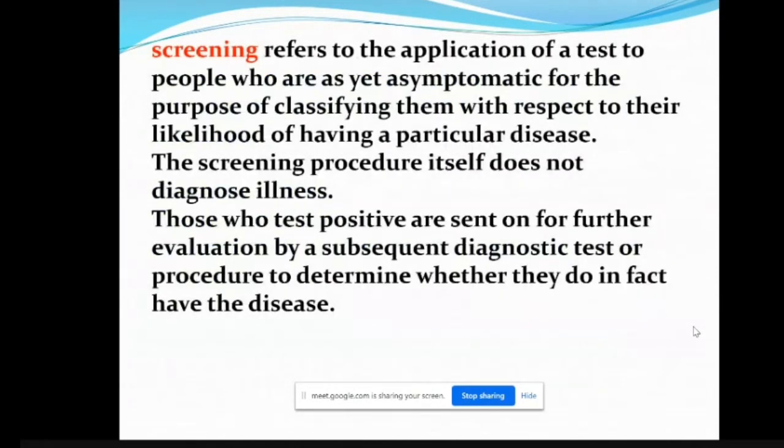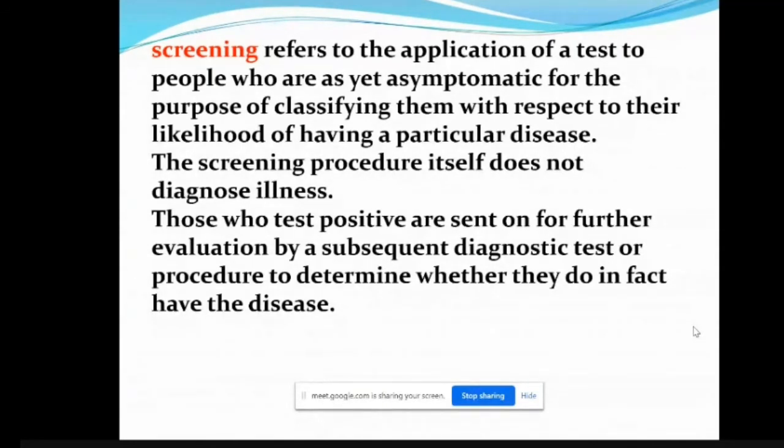So as a definition, screening refers to the application of a test to people who are in their preclinical or asymptomatic stage of the disease for the purpose of classifying them with respect to their likelihood of having a particular disease.